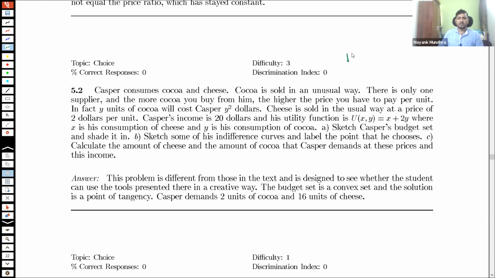Okay, so the budget constraint is going to be 2 times x plus y square equals 20. So 2x plus y square equals 20. So you can plot it, right?